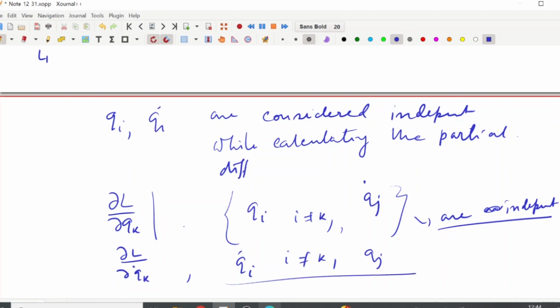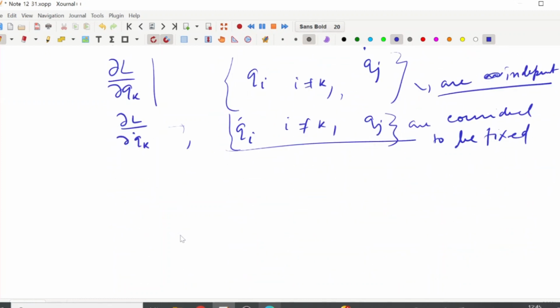That means when calculating, these variables are considered to be fixed. So, this is the meaning of considering q_i and q_i dot independent variables when calculating the partial differentiation in the Lagrangian formulation.